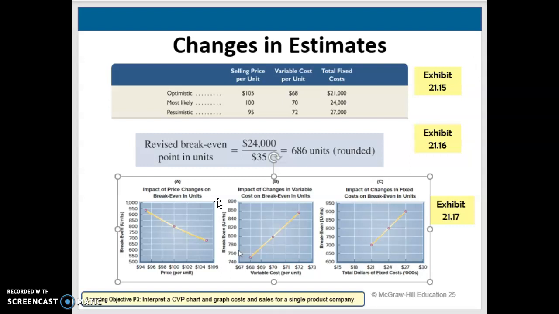So you can kind of play around with it and see how those things are affected and what you have to do and how each component can have an effect on your overall numbers. These graphs are going to show how changes in selling price, our variable costs, and our fixed costs impact our break-even. If the selling price can be increased without impacting variable costs or total fixed costs, then our break-even is going to decrease.